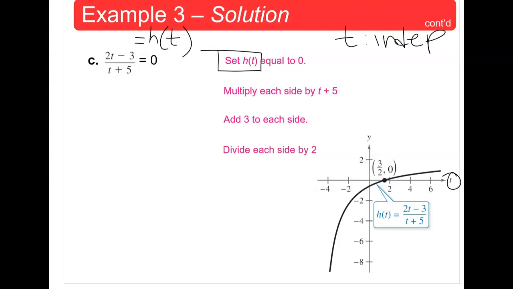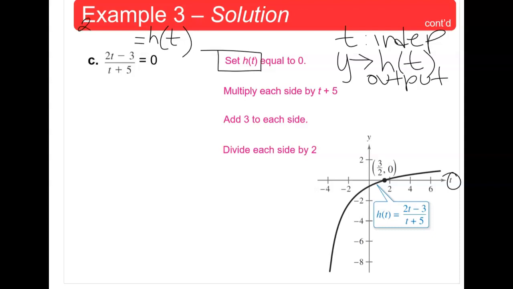And this is very common to represent time. And then instead of y, they're using h of t to represent the output of the function. So again, very common. So it says set h of t equal to 0.